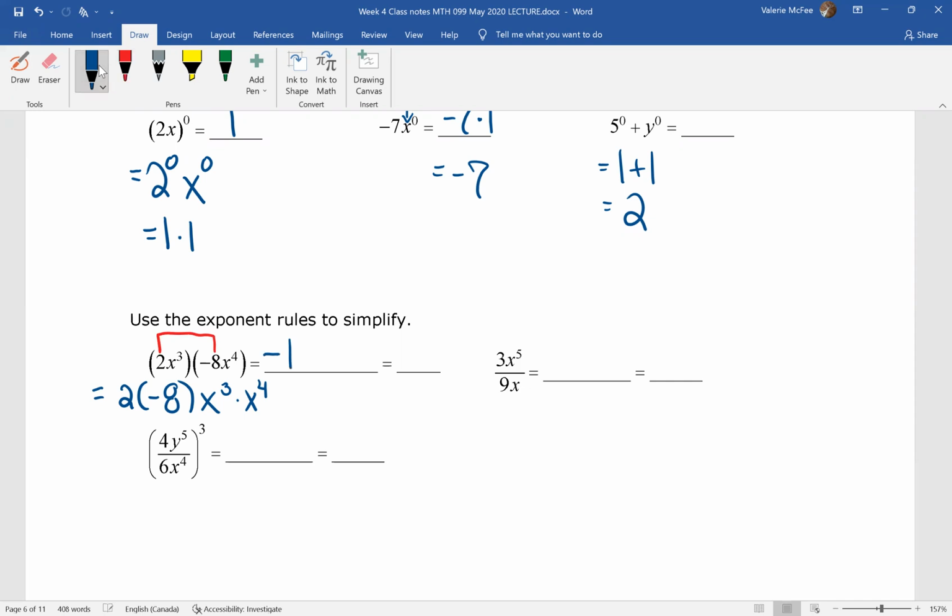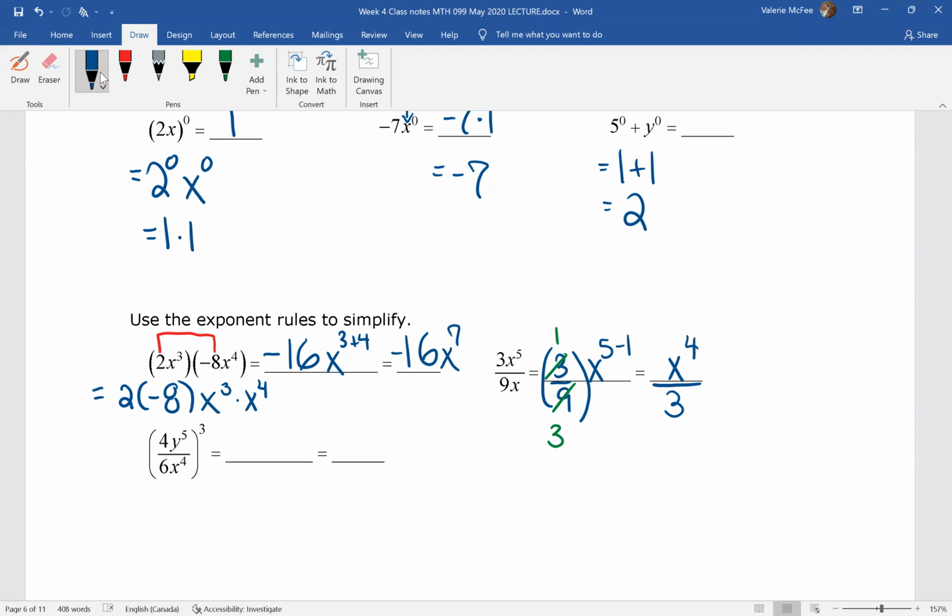So we have -16, and keep the base, add those exponents. What about in the next one? We have that fraction of 3/9, base of x, subtract the exponents. The fraction can simplify, of course, to 1/3. I'm dividing by 3, dividing by 3. And keep the x, subtract the exponents.